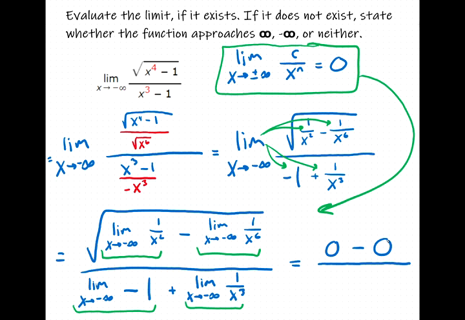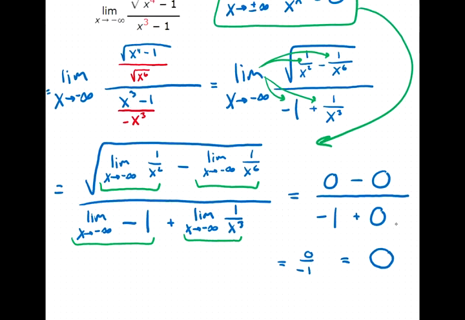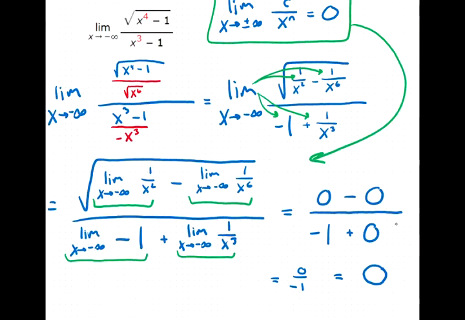On the bottom, negative 1 is a constant, so that's negative 1 plus the limit of 1 over x to the 3rd, which is also 0. So 0 minus 0 divided by negative 1 plus 0 is equal to 0 over negative 1, which is equal to 0. So our limit in this case approaches 0. All right. I hope this was helpful.